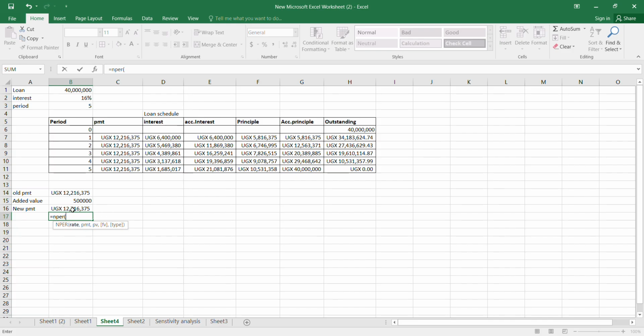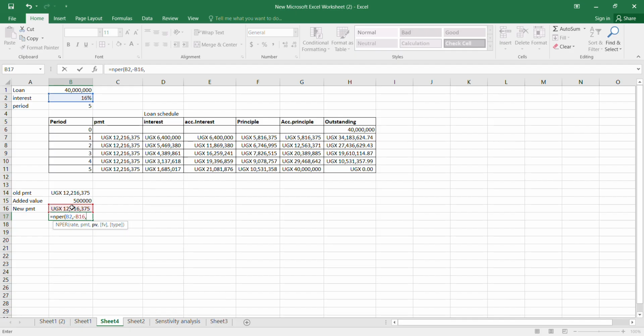We shall get the rate we are having. We cannot sum and also not fix it since we are using it one time. And then the PMT. We shall take the new PMT, not the old PMT. Okay, comma. But this time around, the PMT is going to be negative.